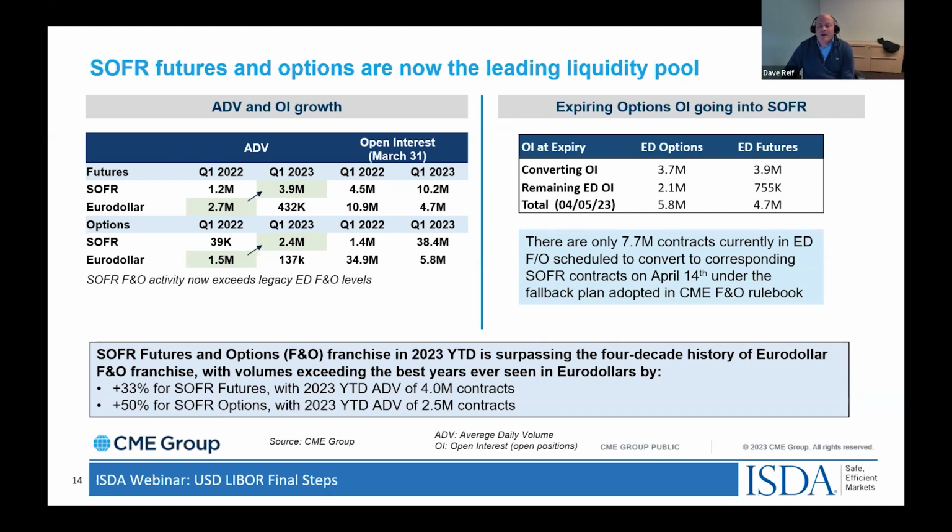So now on the right-hand side, just want to point out, we will be moving over 7.5 million contracts from Eurodollars open interest into the SOFR open interest. So following this conversion tomorrow, there'll still be some remaining Eurodollar options open interest of about 3 million contracts. But again, that's in the still listed April, May, and June contracts. But ultimately, and in summary, after tomorrow, 7.7 million contracts will be moved into the SOFR futures and options.